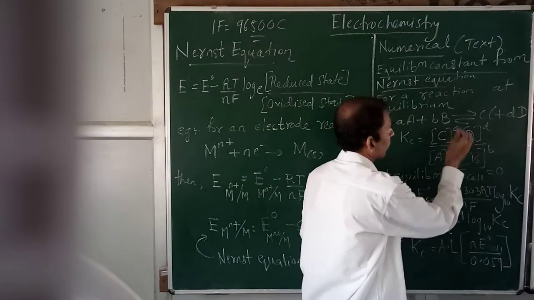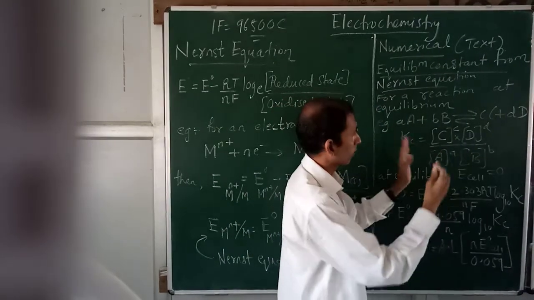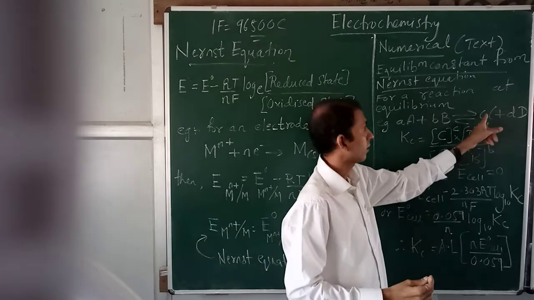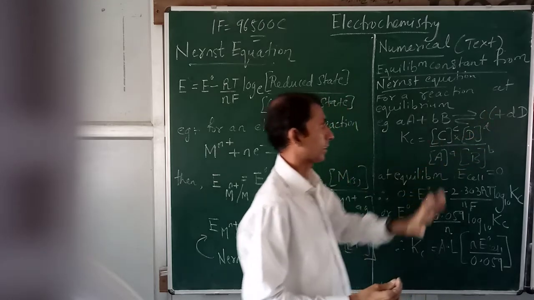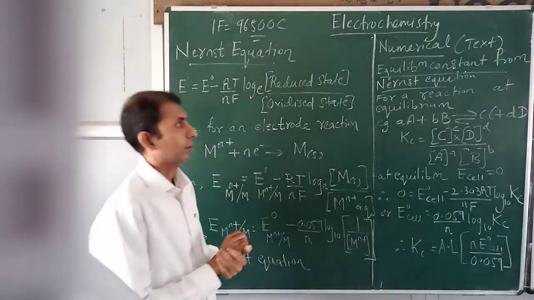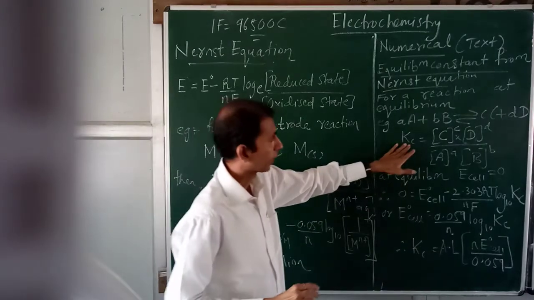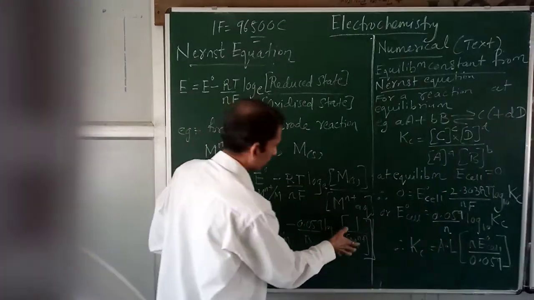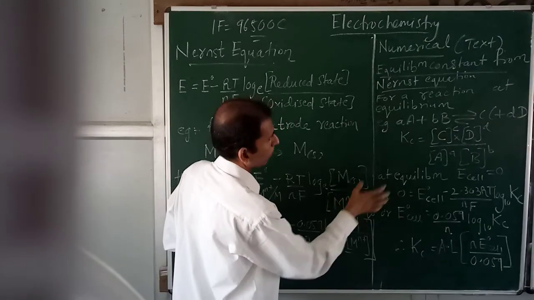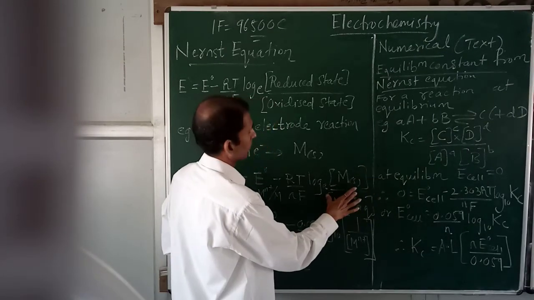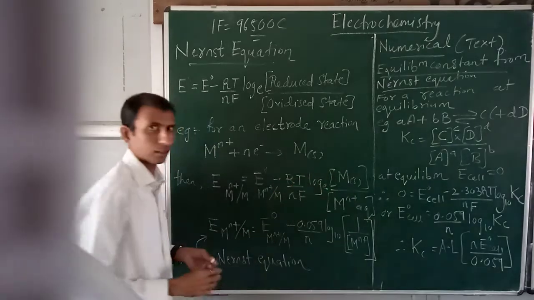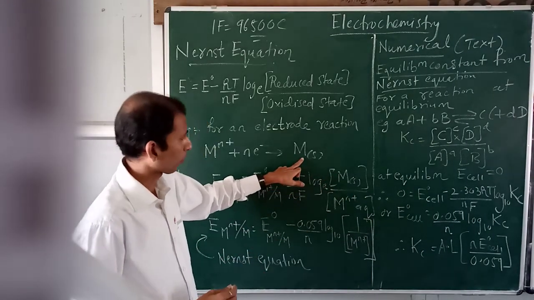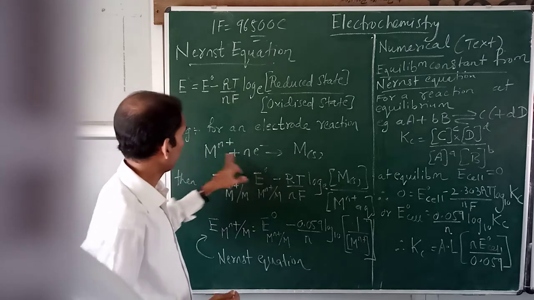Product means multiplication, correct? So where we have written the molar concentration of the products, upon the molar concentration of the reactants.